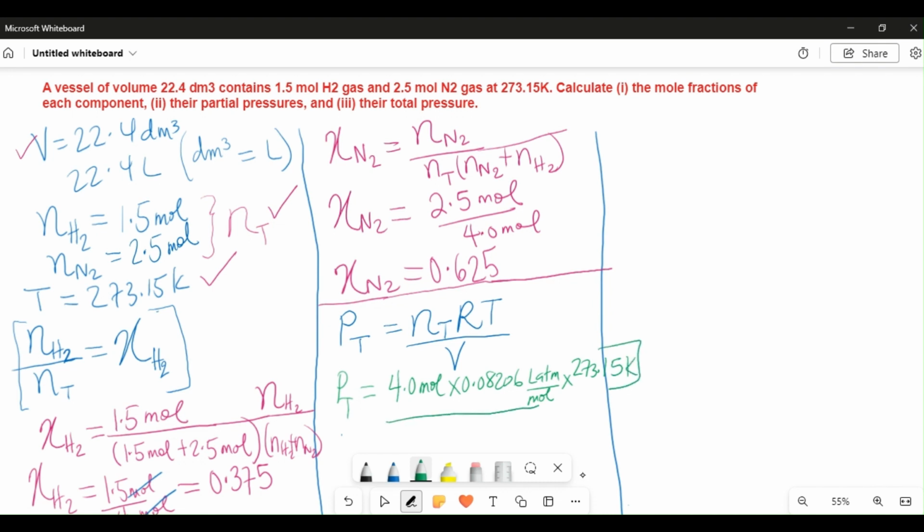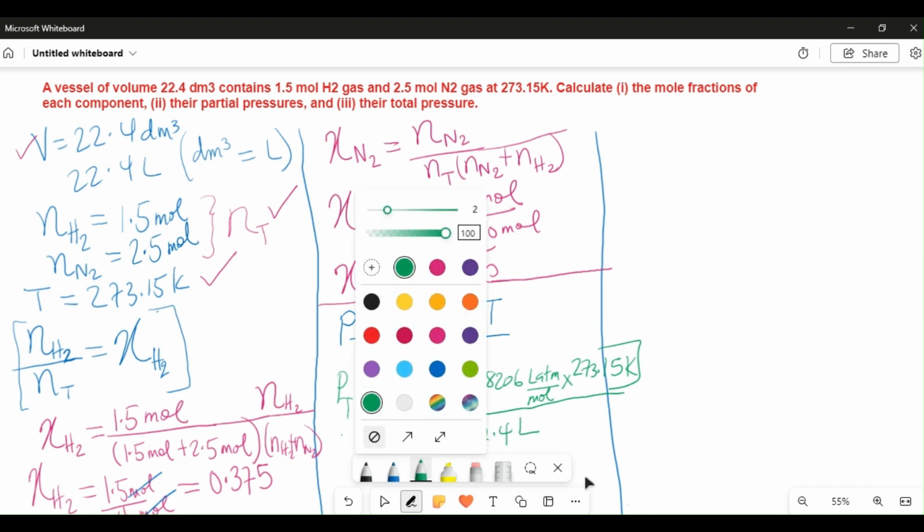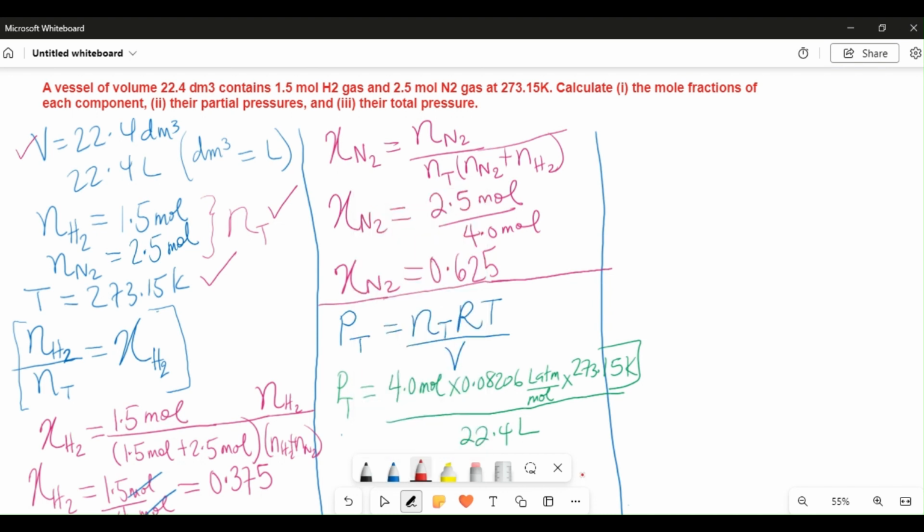All of this information divided by the volume, which is 22.4 liters. So the simple thing is just for us to cancel out all of the units and go on from there. So we have liters cancel liters, mole cancel mole, Kelvin cancels Kelvin. So we end up rewriting what we have.